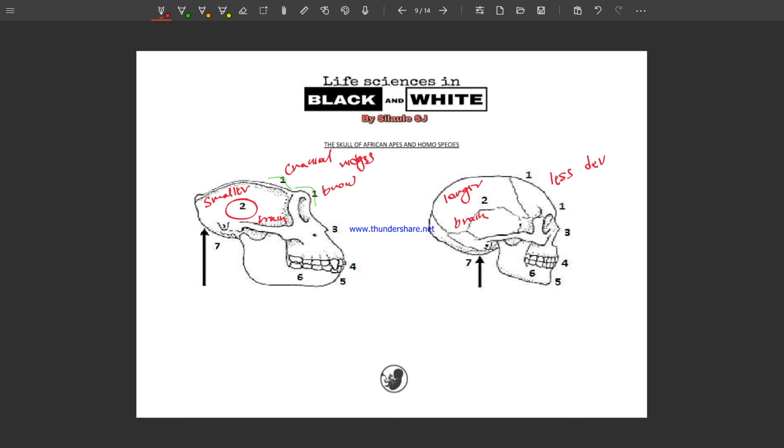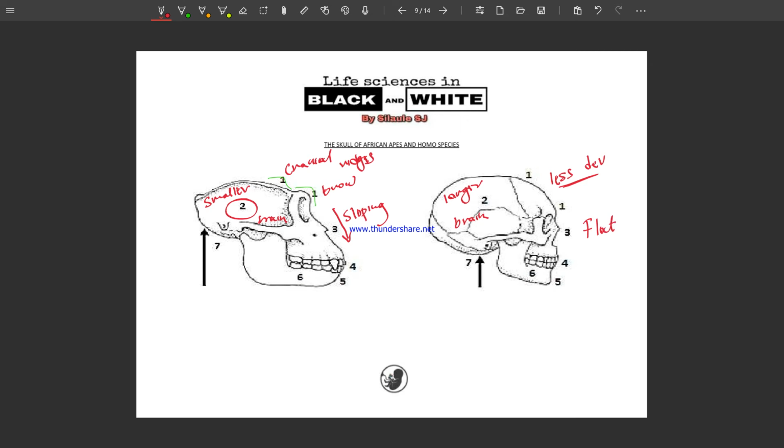Then number three, the face, because it has more developed cranial ridges and brow ridges, it will be sloping. So we say the face is sloping. And then in a human, number three, as you can see, because the brow ridges and the cranial ridges are less developed, it means it will have a flat face.